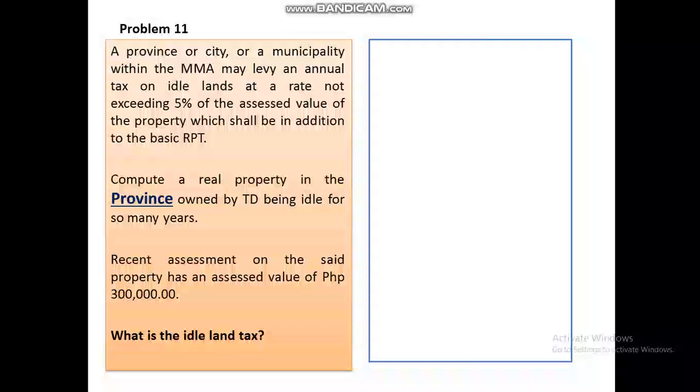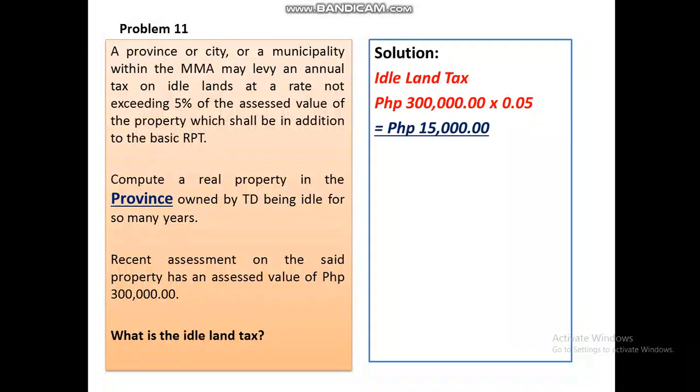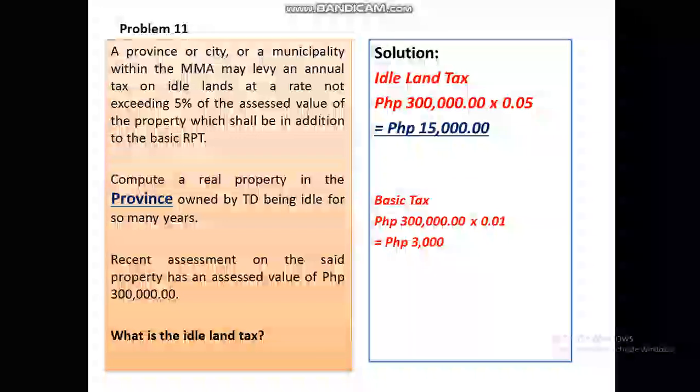Simple lang. You just compute 300,000 times 0.05 or 5% is 15,000. And then kukumputan po natin yung basic tax niya. 300,000 times 1% is 3,000.